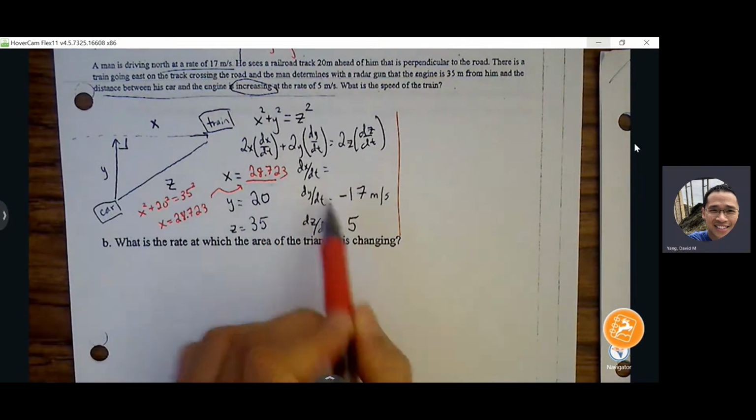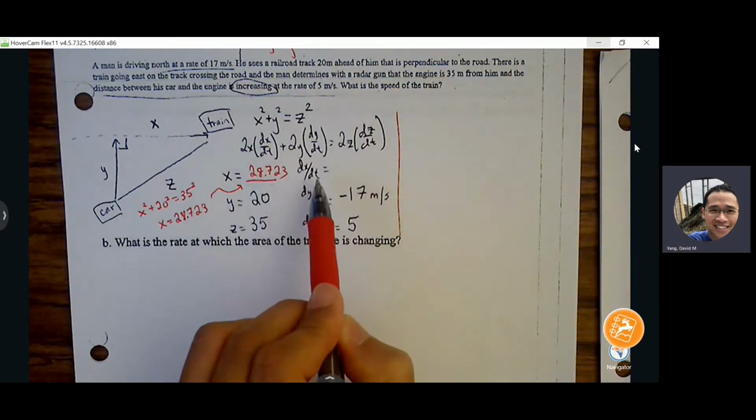Okay, so 5 out of the 6 variables accounted for, we can solve for dx/dt.